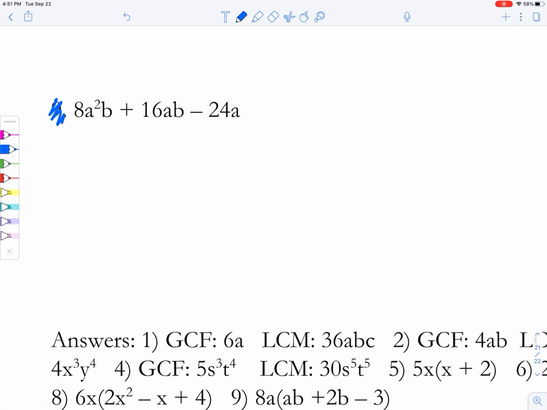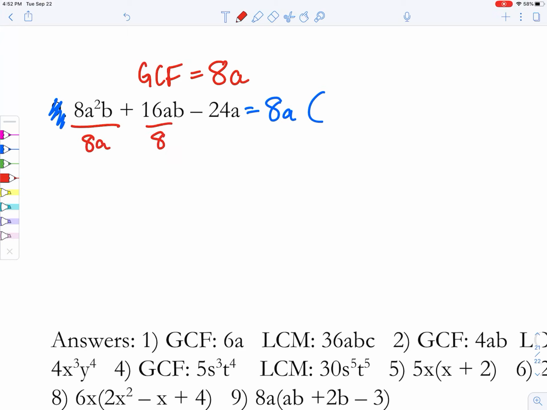Last question. First find the GCF. For 8, 16, 24, they all can be divided by 8. Then they all have one a. The last one doesn't have a b, so that's it. That's my GCF. So if I take out 8a, let's see what's left behind after I divide everything by 8a.